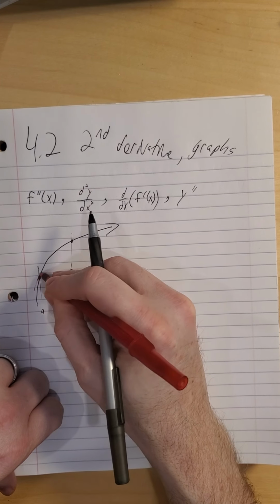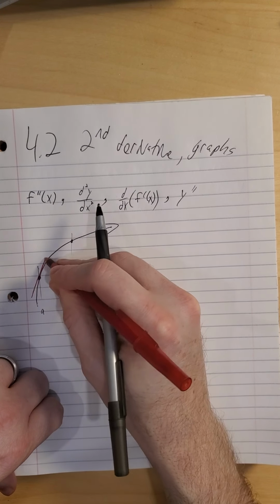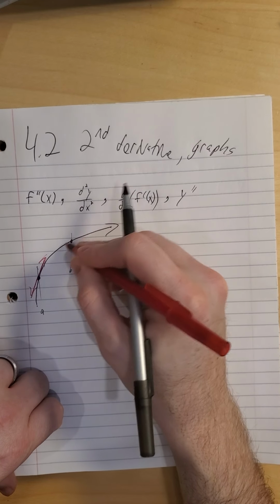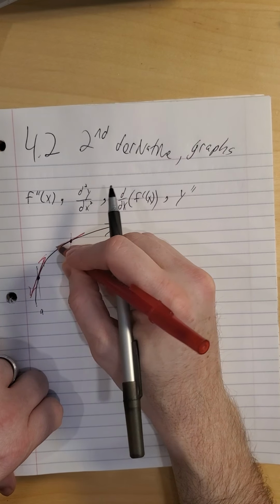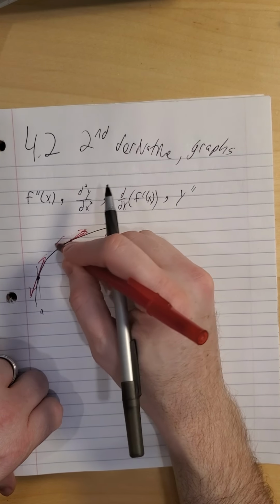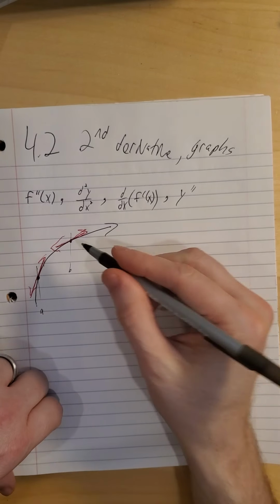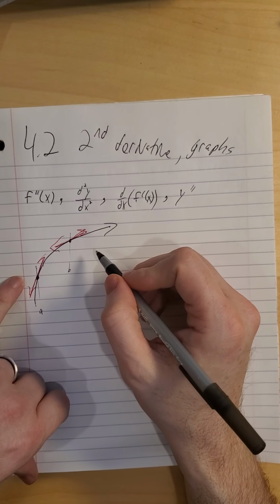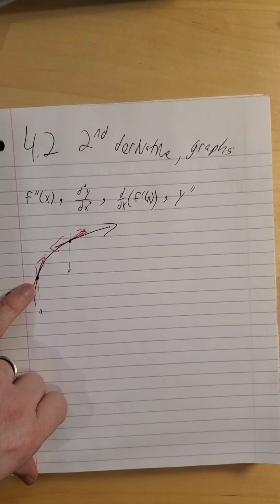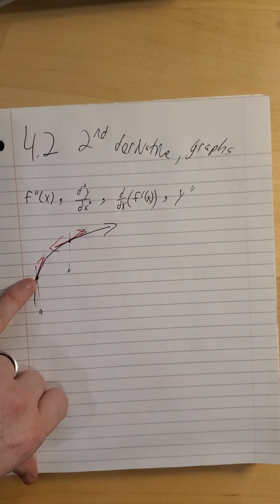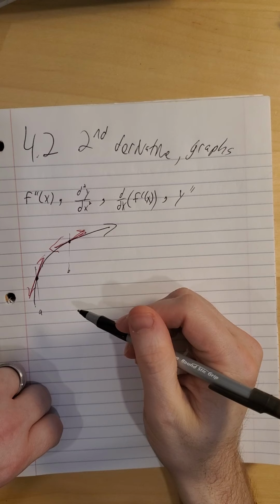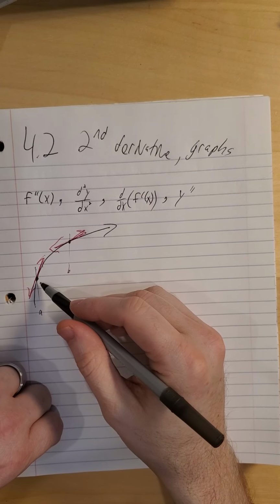If we sketch in the tangent lines, remember the slope of the tangent line is defined by the first derivative. It's talking about the instantaneous rate of change in the curve at that given point.